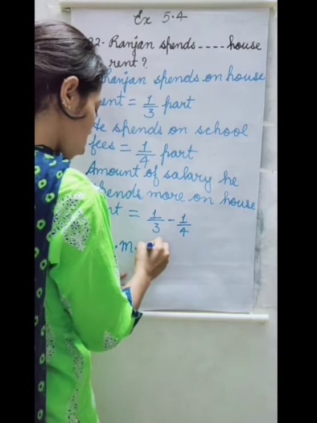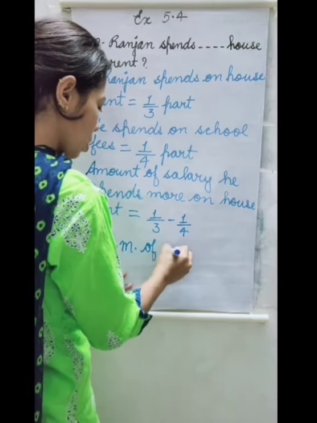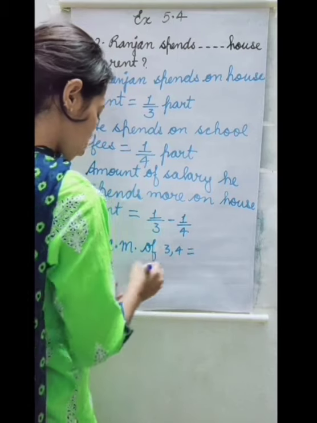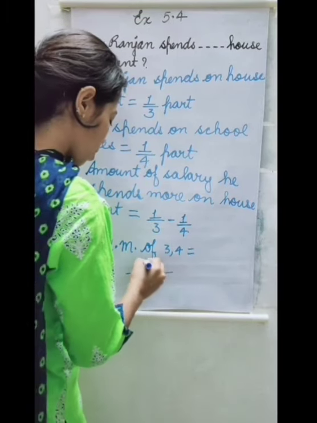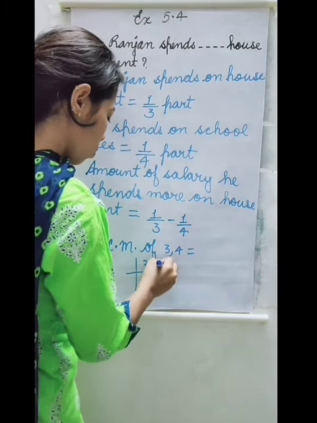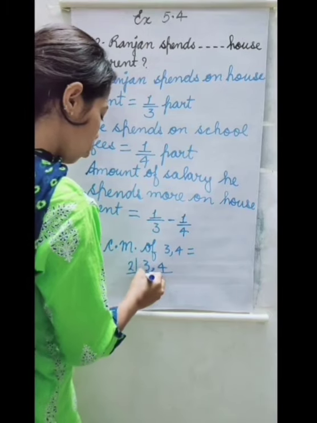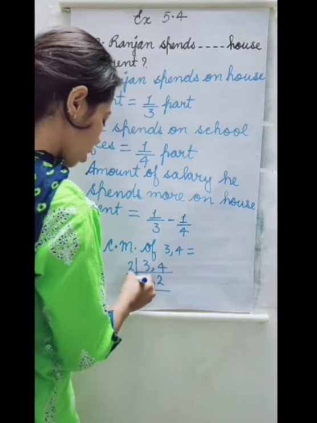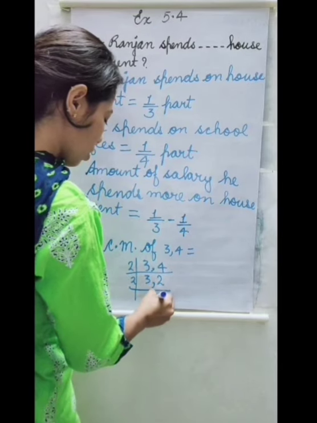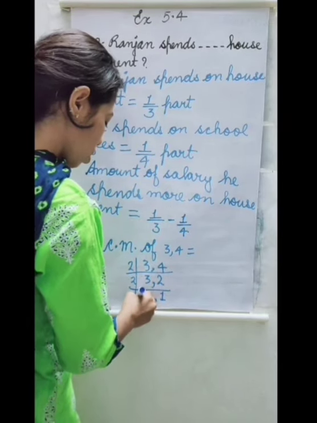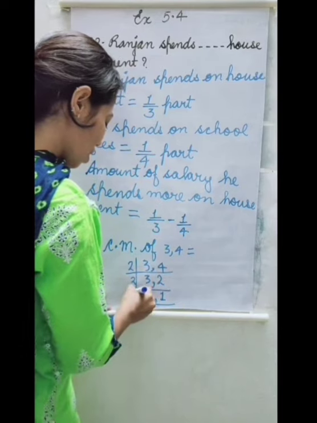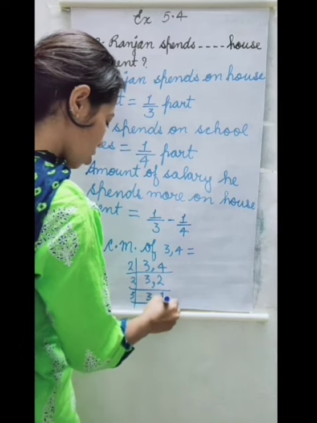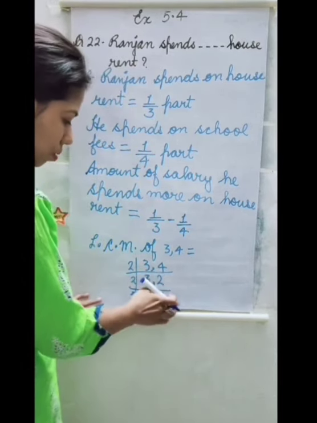So here again we have to find out the LCM of 3, 4. So let's do it. 3, 4. 2 2s are 4, again 2, 3 will come down as it is, 2 1s are 2. Now we will divide by 3. 3 1s are 3 and 1 will come down as it is.